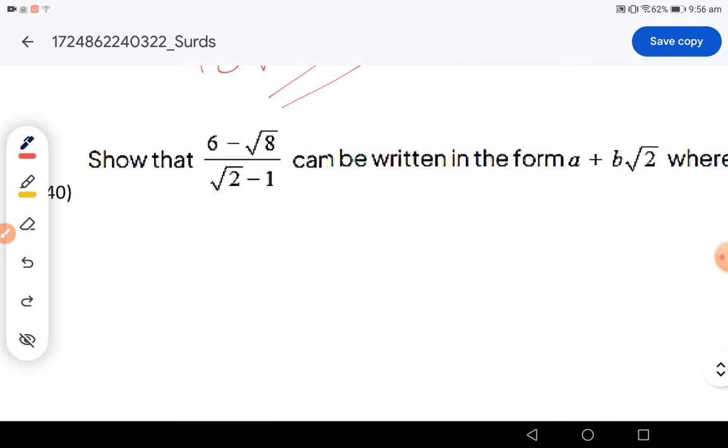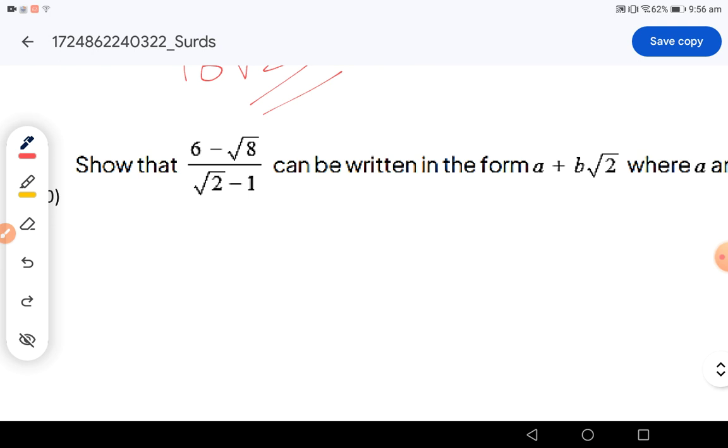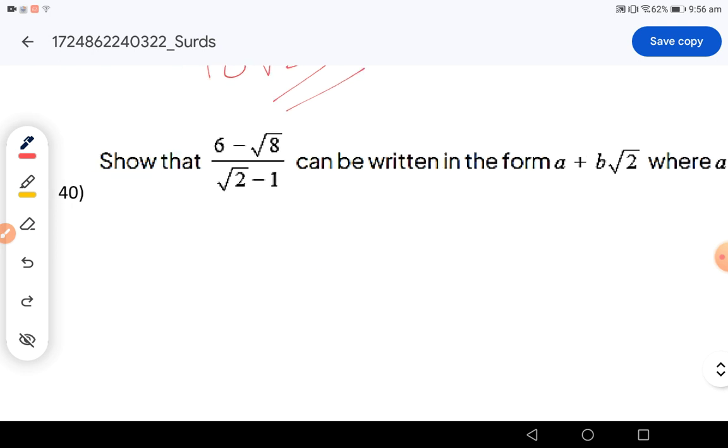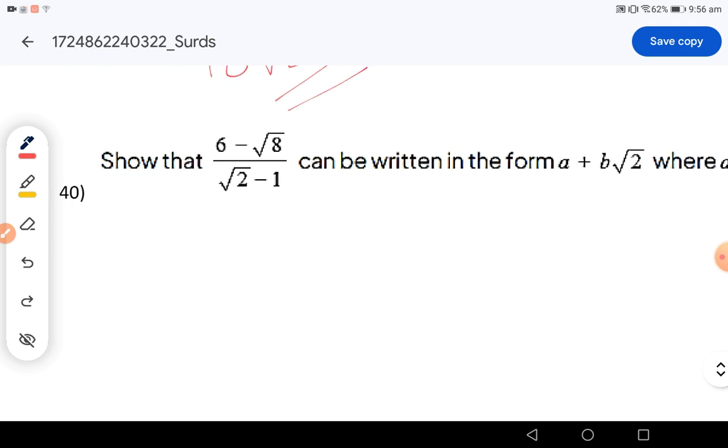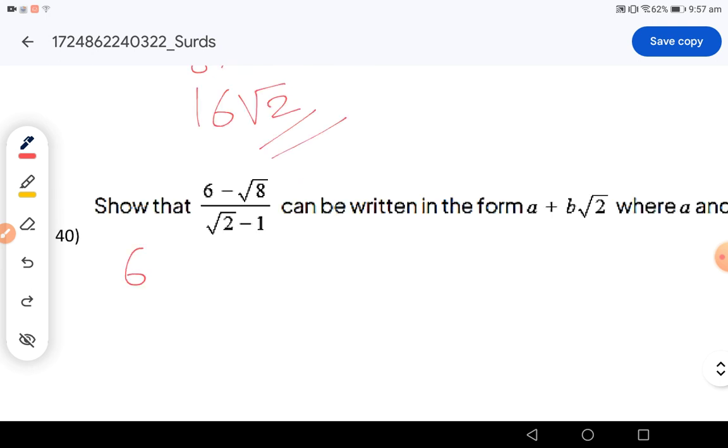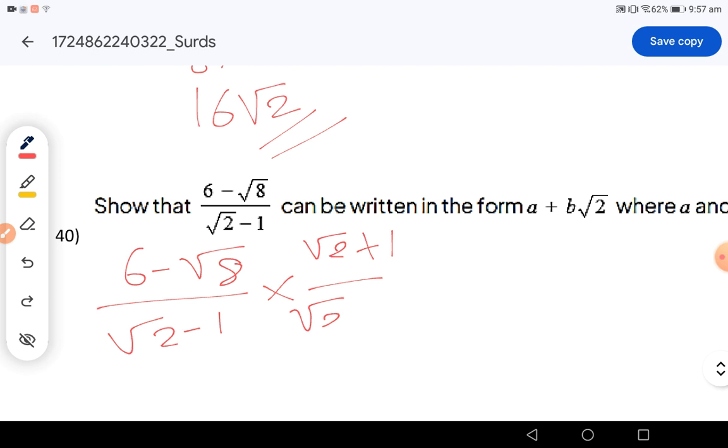Question 46 minus root 8 by root 2 minus 1. So now 6 minus root 8 by root 2 minus 1, multiply root 2 plus 1 by root 2 plus 1.